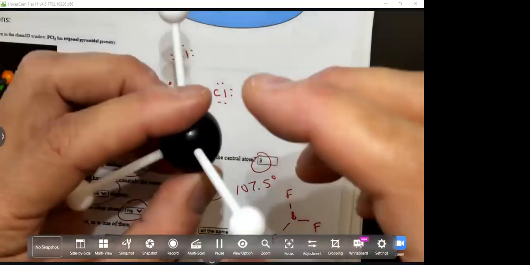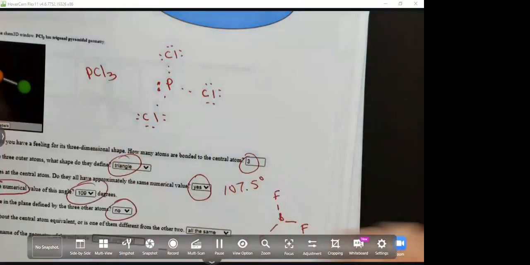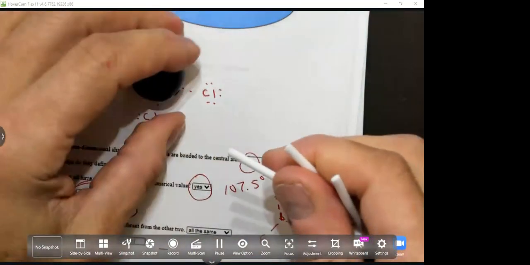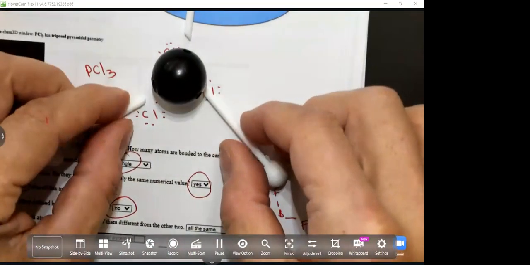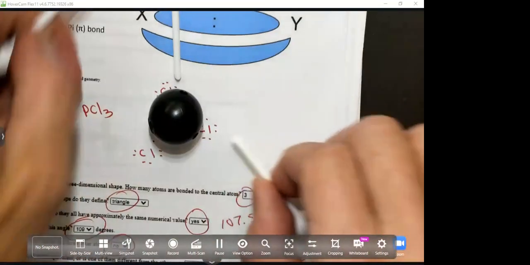You can do that with trigonal planar if I take this thing apart.